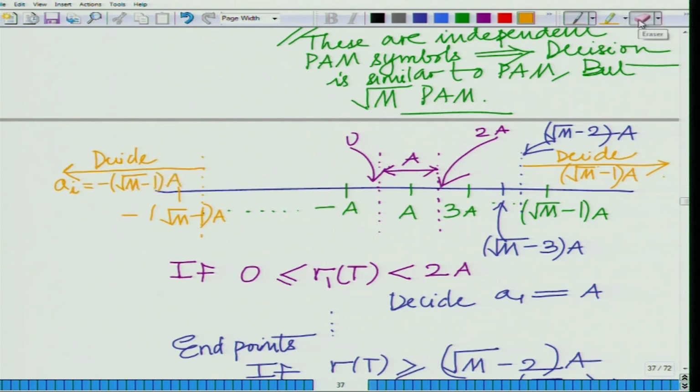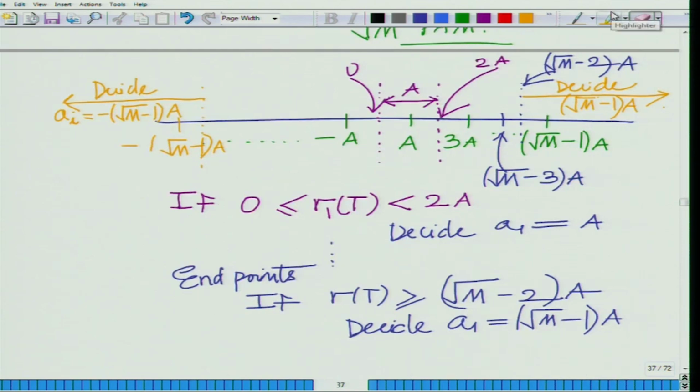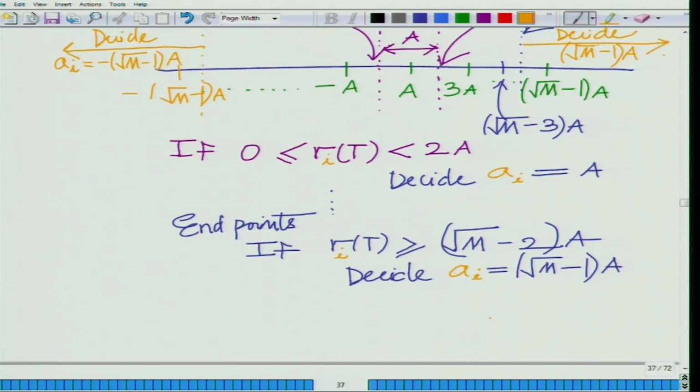And in fact, as I was saying, you can make this very general; you do not need to restrict this to either A1 or A2. You can simply say that if 0 is less than or equal to Ri(t) less than 2A, then decide Ai equals A. If Ri(t) is greater than or equal to square root M minus 2A, decide Ai equals square root M minus 1 times A, with I equal to either 1 or 2. Okay.